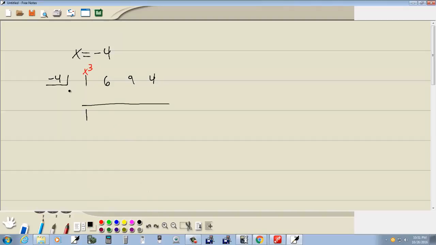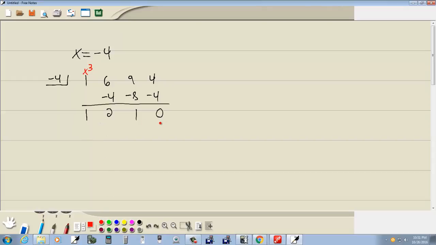Okay, so we're going to add, multiply, -4 times 1, -4, add, 6 plus -4 is 2, multiply, -4 times 2 is -8, add, 9 minus 8 is 1, multiply, -4 times 1 is -4, and add, 4 minus 4 is 0.